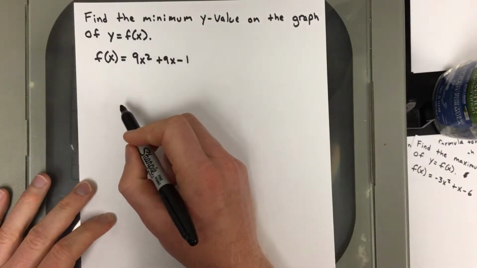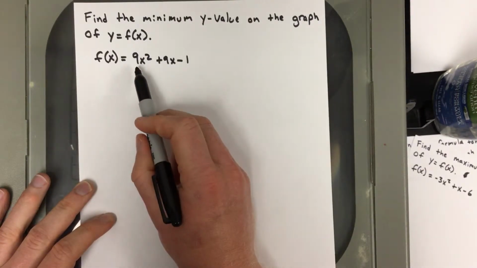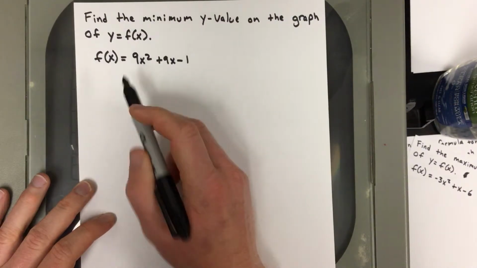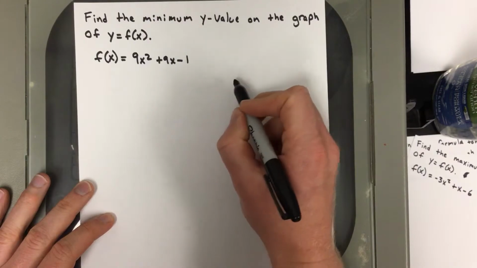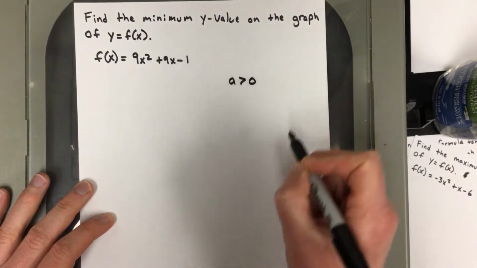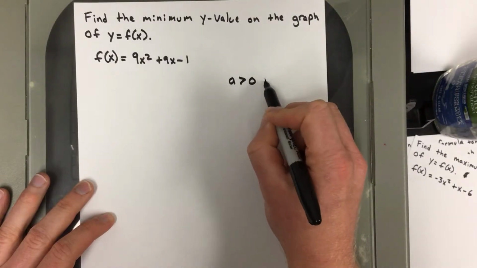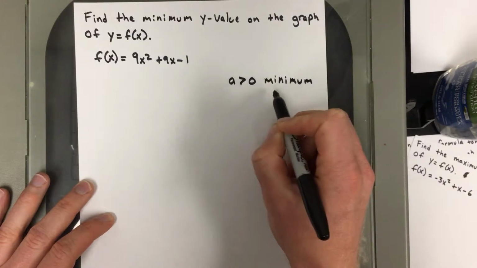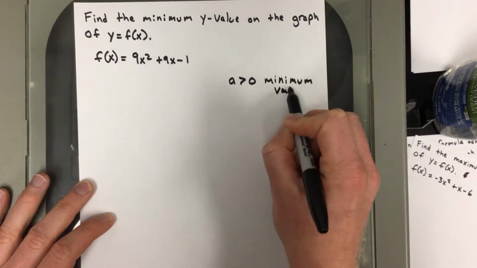Well, if you remember the minimum point on a graph, if you look at this leading coefficient, our leading coefficient is greater than 0. So if you have a greater than 0, you're going to have a minimum value.